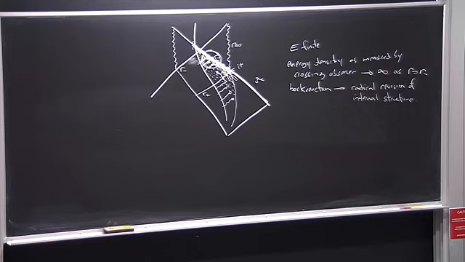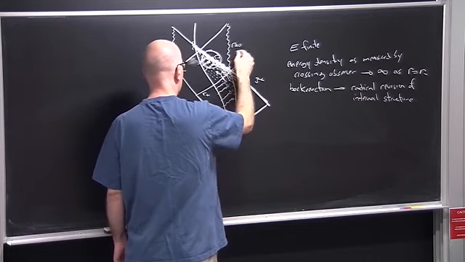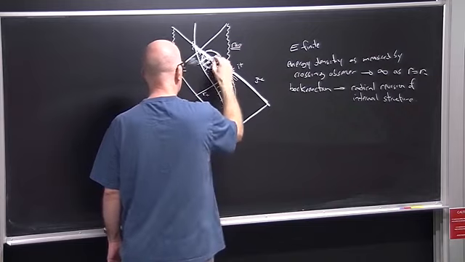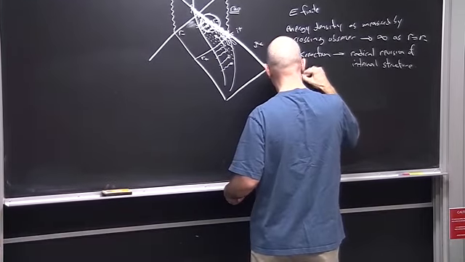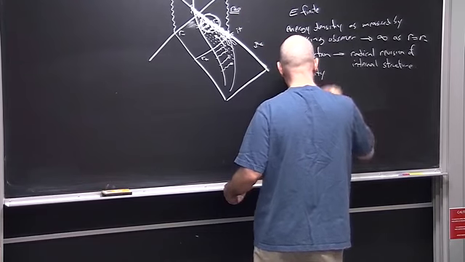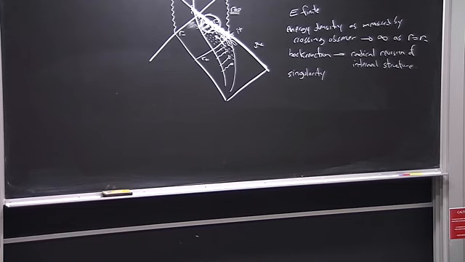So that singularity has a different character from the R equals 0 type singularity that we knew about in the case of Schwarzschild or pure Reissner-Nordström. The singularity is not produced by R going to 0. In fact, R is still finite there.